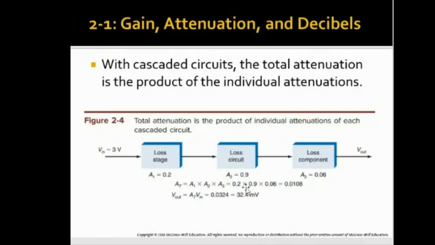So the product of these 3 losses, 0.2 times 0.9 times 0.06, gives us 0.0108. So this is the total loss of the system. Since we have the input, the output is input times the loss. Then we have 32.4 millivolts. So a 3 volt input gives us a 32.4 millivolt output. So that is our loss calculation in cascaded attenuation.